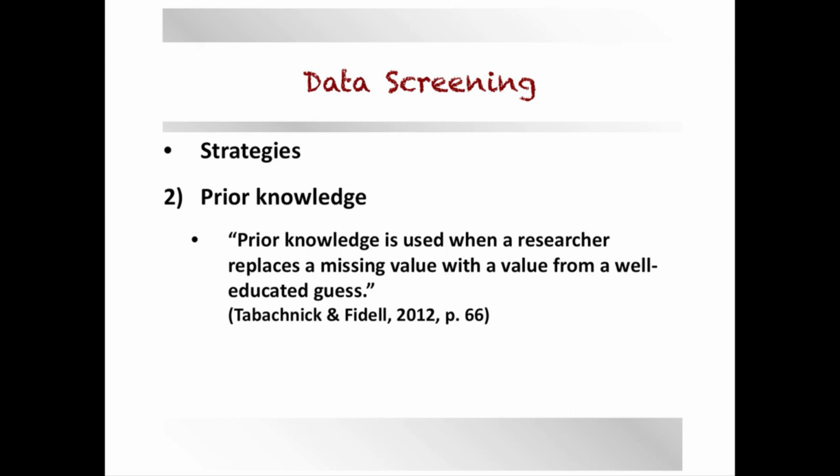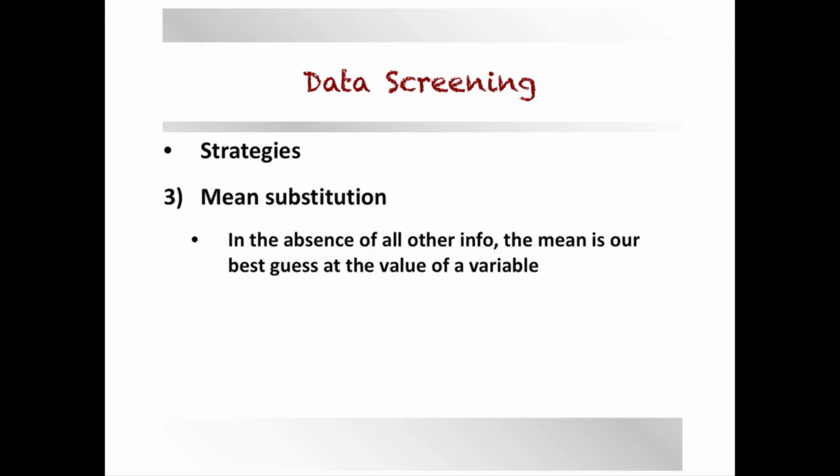They shouted the answer as they were leaving, as opposed to writing it down on paper. Something where you have legitimate knowledge of what that value should be. But if you don't have anything that's well educated, if it's just a guess or something not scientific or not official, then you should definitely not do number 2. So we're going to move on.